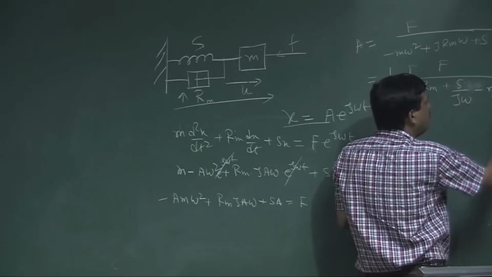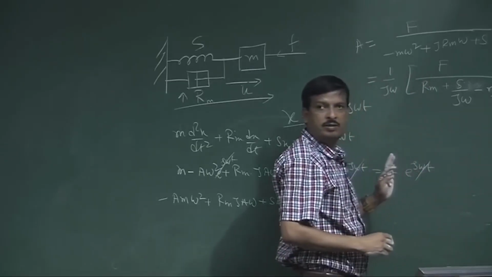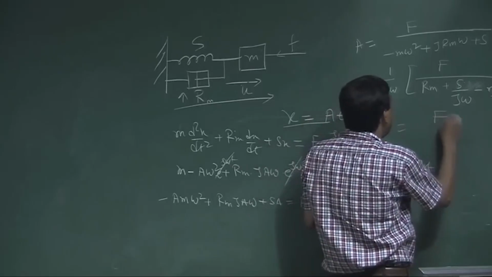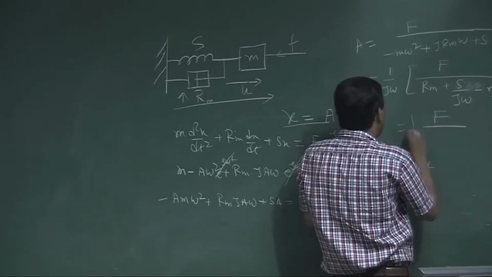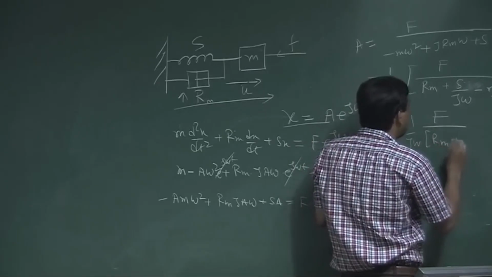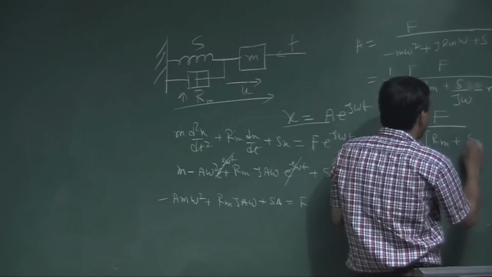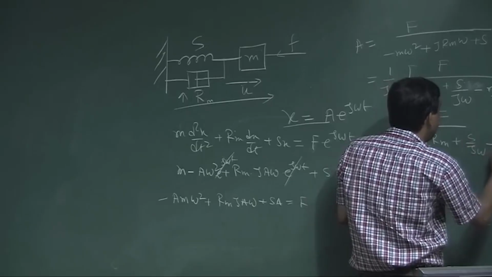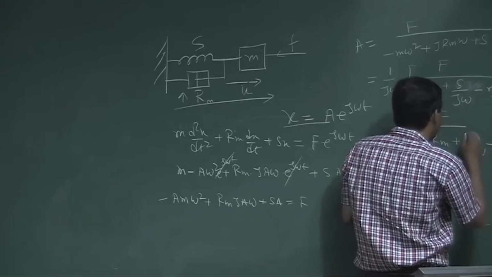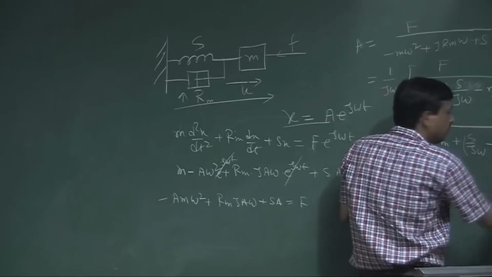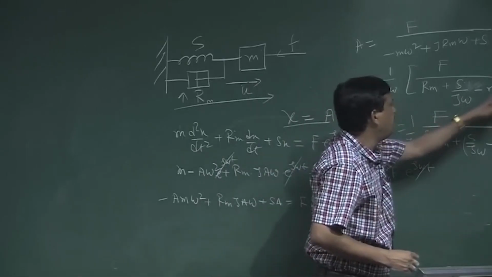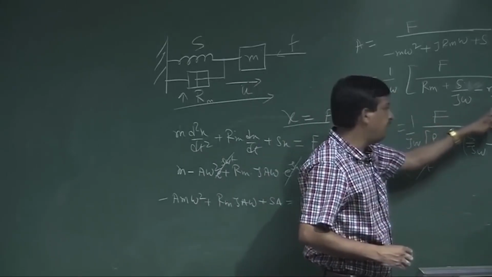So, omega will be cancelled. So, it is nothing but A equals F by j omega into r m plus s by j omega minus m omega by j. Okay, because omega is cancelled, so m omega will be there, by j will be there.